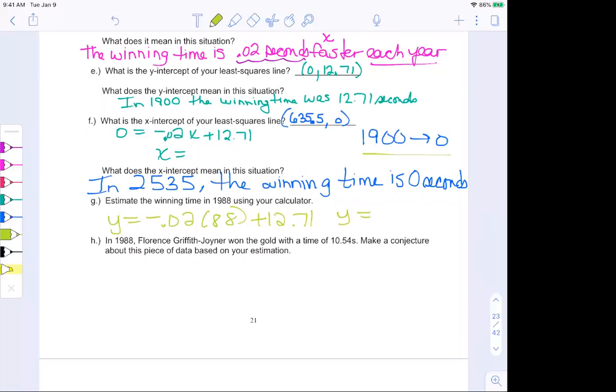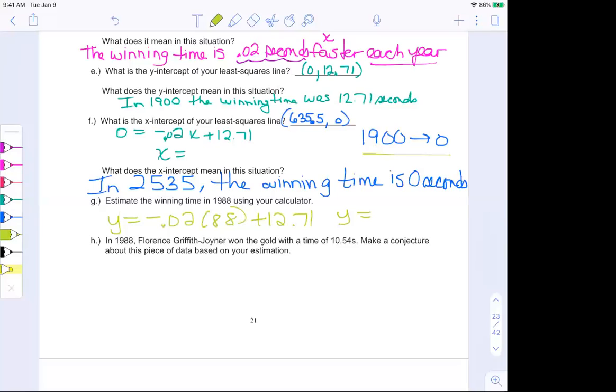Gabby Snyder, can you take that equation, plug in 88, and get a winning time in 1988? I'm sorry, I think I messed up my equation.